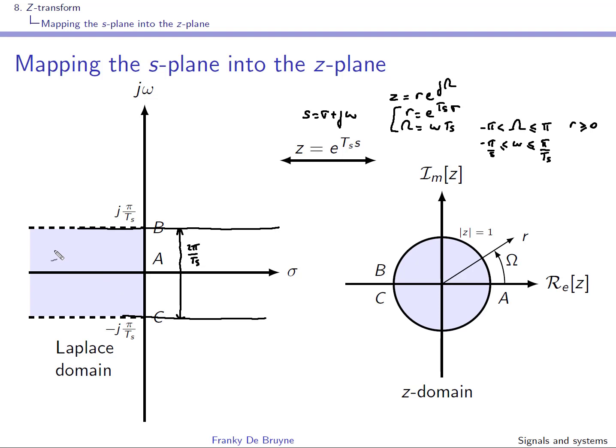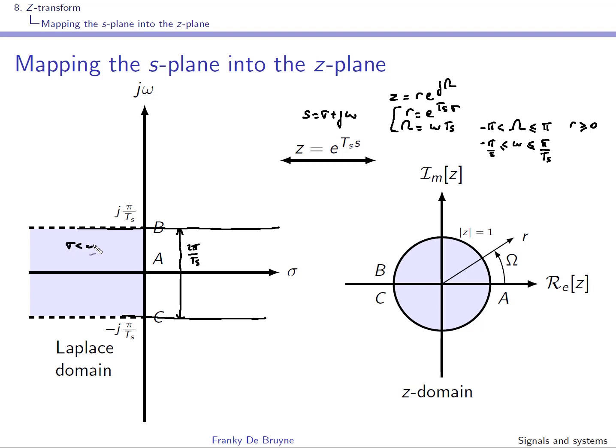So the entirety of this strip of width 2 pi over Ts is mapped to the entirety of the z-plane. So what we'll do right now, and this is what you see here in gray, is look at this half strip of width 2 pi over Ts.